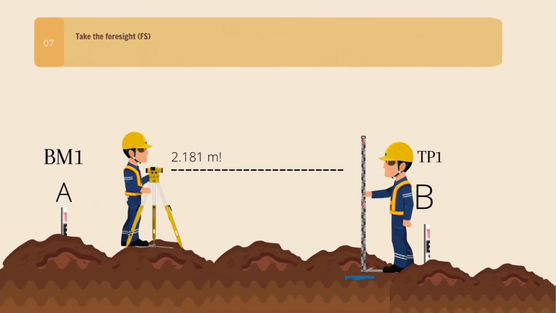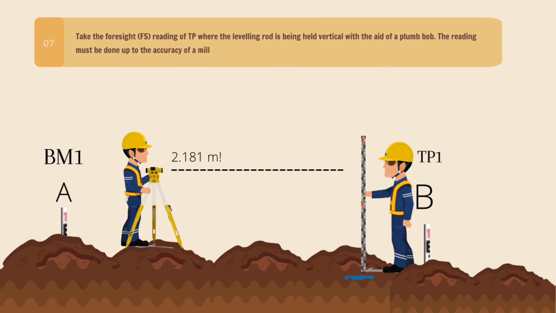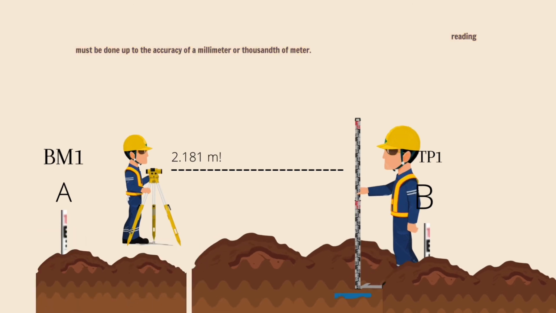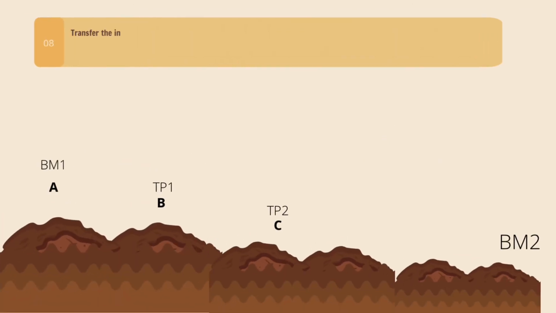Step 7. Take the foresight reading of the turning point where the leveling rod is being held vertical with the aid of a plumb bob. The reading must be done up to the accuracy of a millimeter or thousandth of a meter. Step 8.